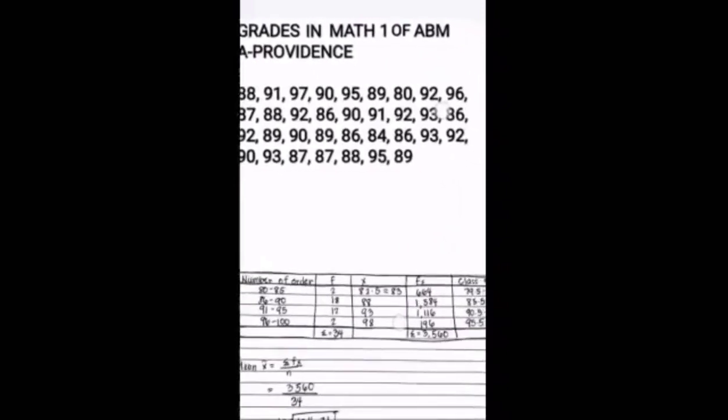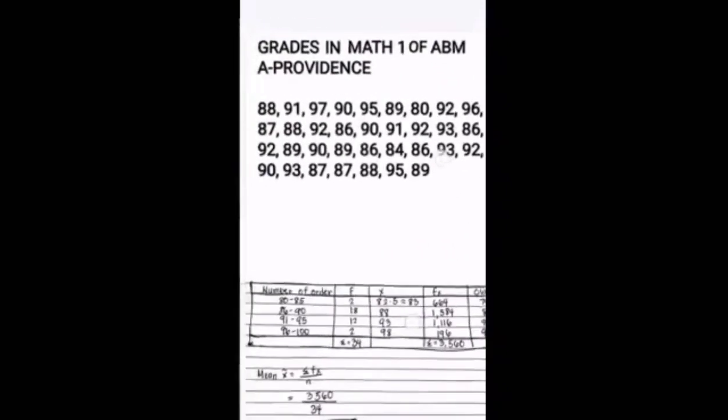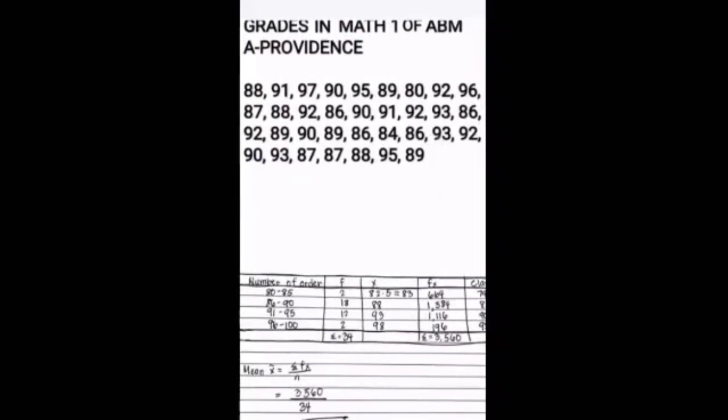First, you should make a frequency table. As you can see, column 1 is the number of order, which I got from the final grades of Maths 1.